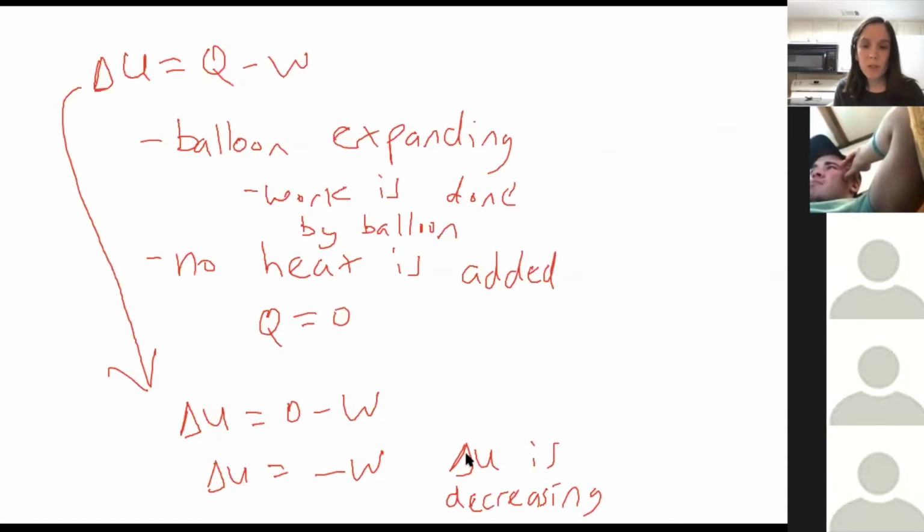Well, if delta U is decreasing, there's two things that could be happening. Either you're losing matter or you're losing temperature. So either temperature could decrease or matter could decrease. If the balloon's expanding, there's no decrease in matter. So there must be a decrease in temperature. So if the balloon expands and does work with no heat added to it, the balloon would decrease in temperature in this case.